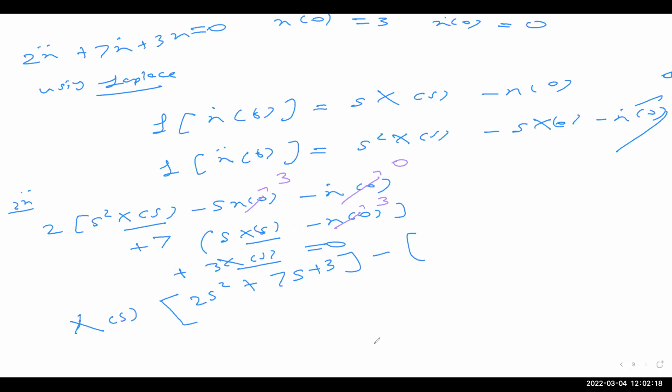I think you are familiar with initial value problems from your second year mathematics, right? So I got it. If I take this part, I get 2s into 3, plus 7 into 3, right?